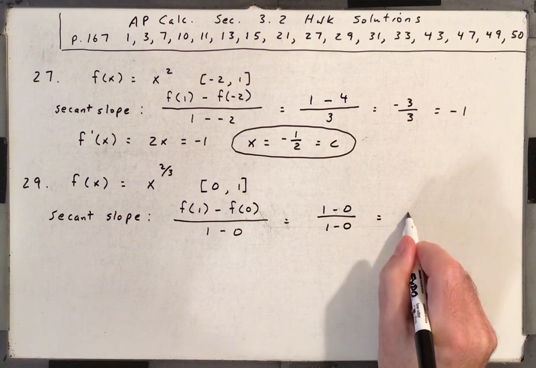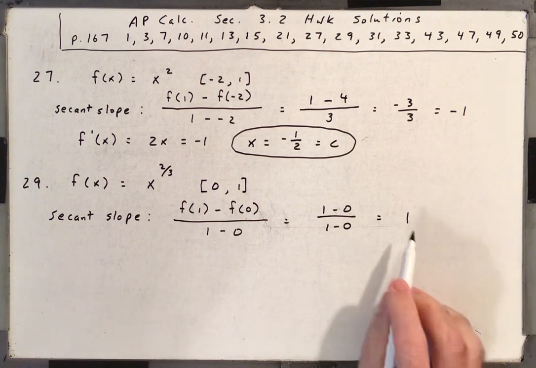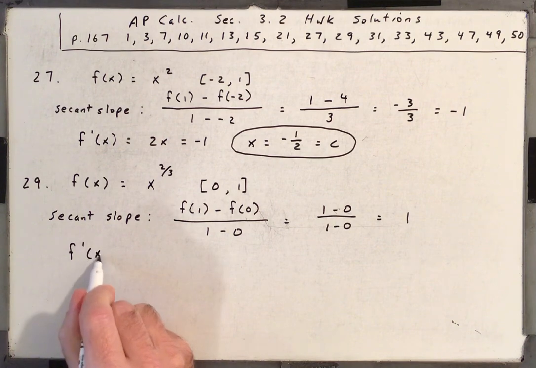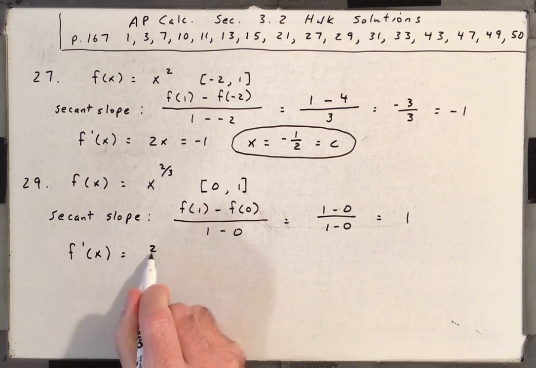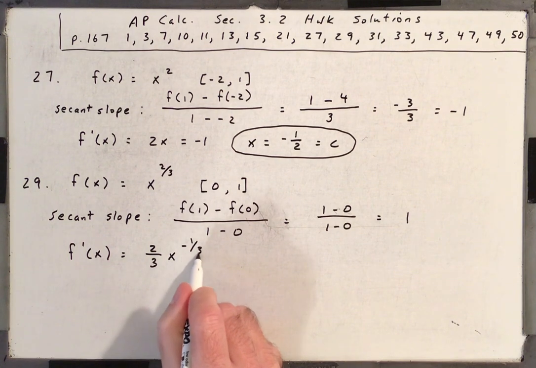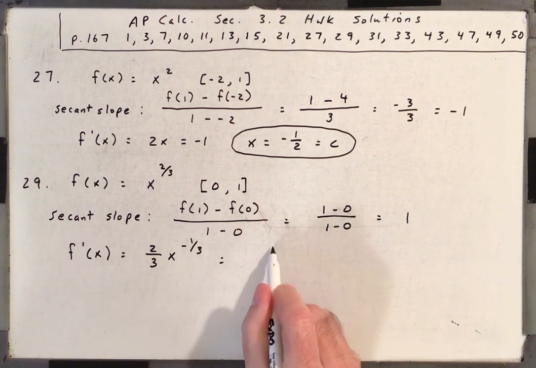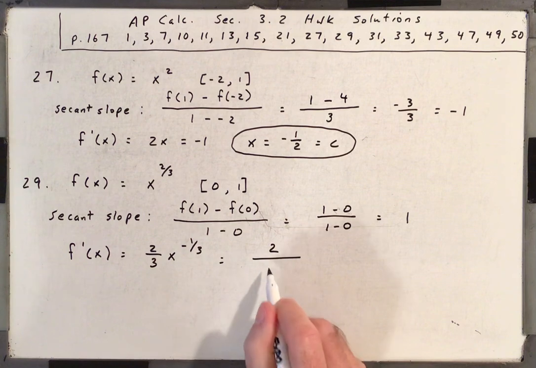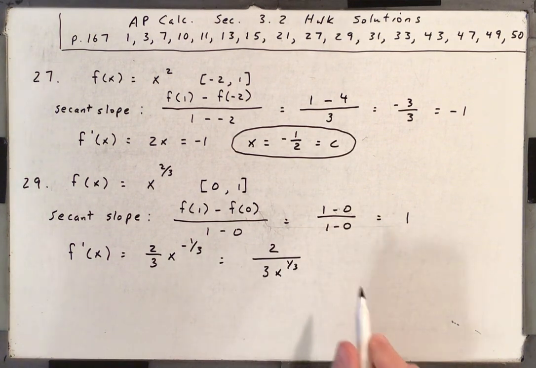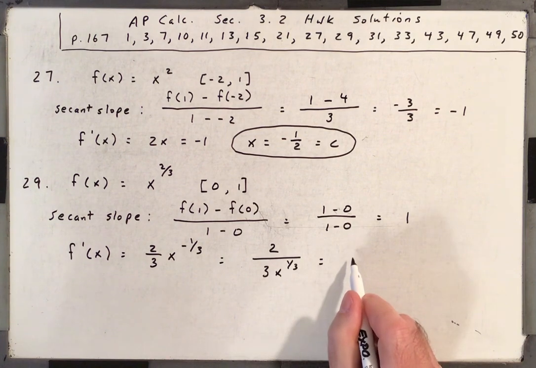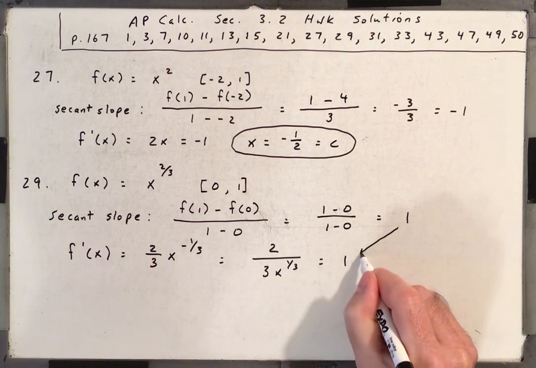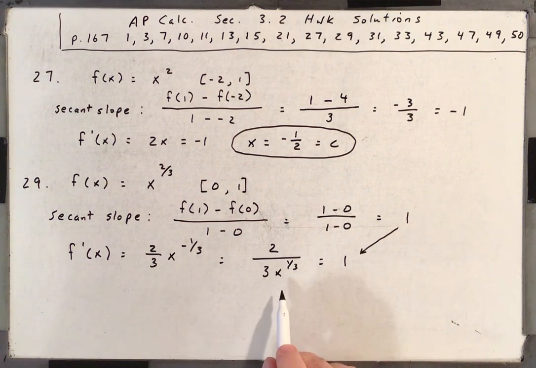So we have a secant slope of 1. f prime of x would be 2/3 x to the minus 1/3. So I'm going to rewrite that as 2 over 3x to the 1/3, and we're going to set that equal to the slope, which is 1.